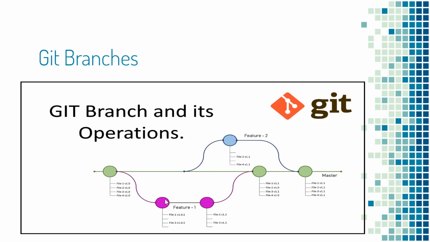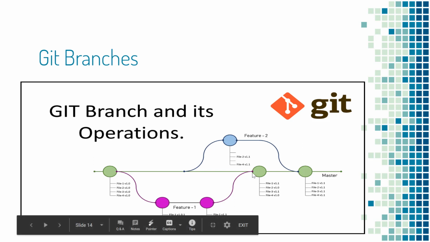On the second day, he added some other changes to the same file. So he committed, then he merged back from here to this point. At this point, on the master, we have an updated file 1 and file 3. But as you can see, file 2 and file 4 are not updated.